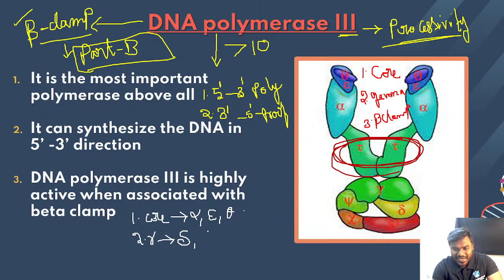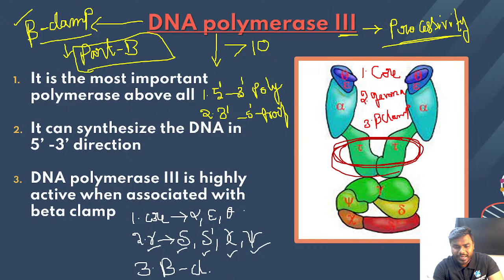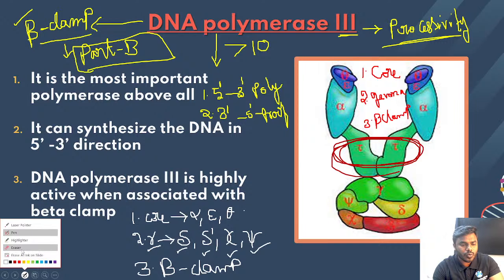Gamma complex contains delta, delta prime, chi, and psi. What does the gamma complex contain? Gamma, delta, delta prime, chi, psi. My friends, all these are connected to the beta clamp. All are connected to what, my friends?